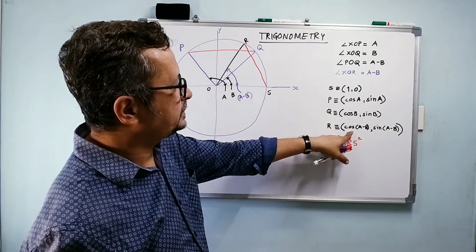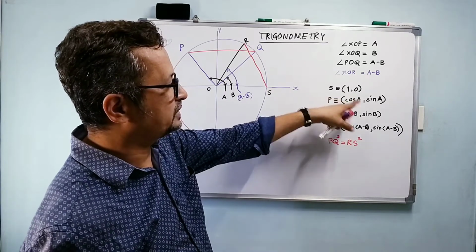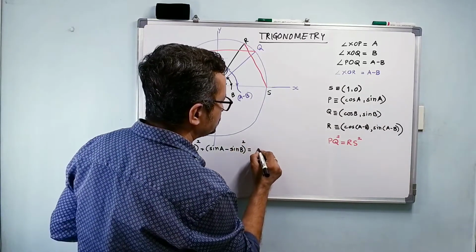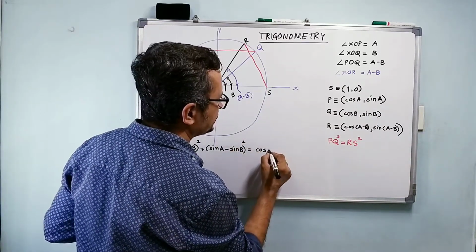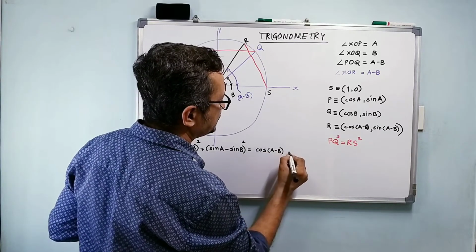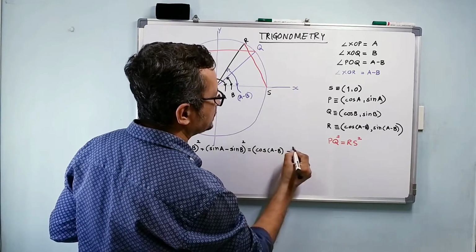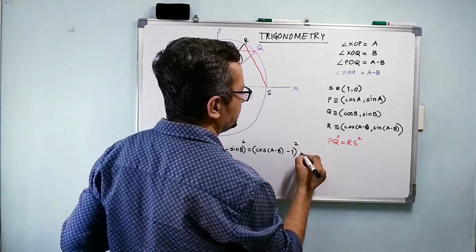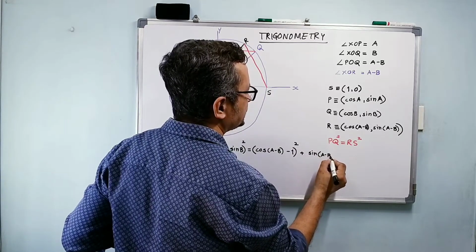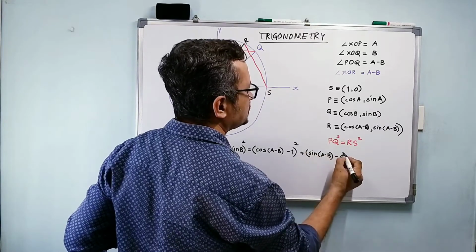So square of this minus square of this, square of this minus square of this. So it is going to be (cos of (A minus B) minus 1) square plus (sin of (A minus B) minus 0) square.